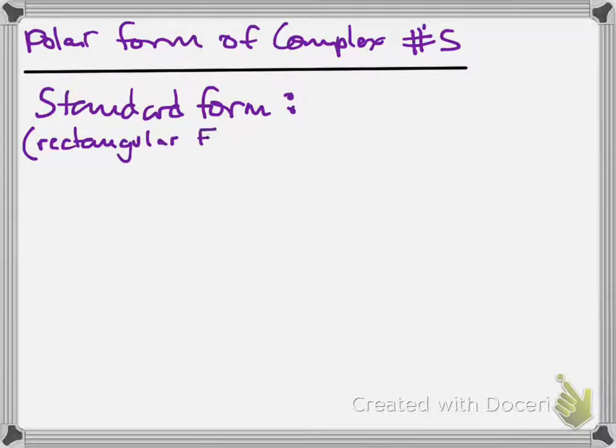The reason it's called rectangular form is because we can use the A and B in a rectangular format. We can look at the graph of it in a rectangular coordinate plot. A plus BI in the complex plane would be equivalent to A comma B in the rectangular coordinate plane, or just the regular XY plane.